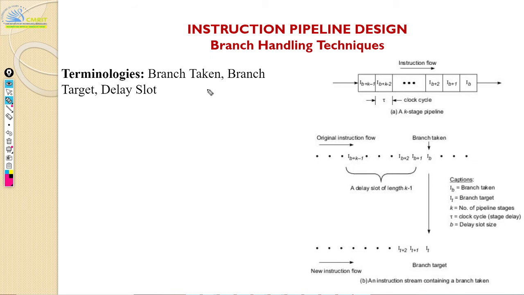Let us say you have a program, and at some point you're going to do a branch. Generally it is going to be like this: you have different instructions, and there is going to be one instruction that is a branch. That branch is going to deviate from your current series of execution. This is exactly how a branch is going to look.